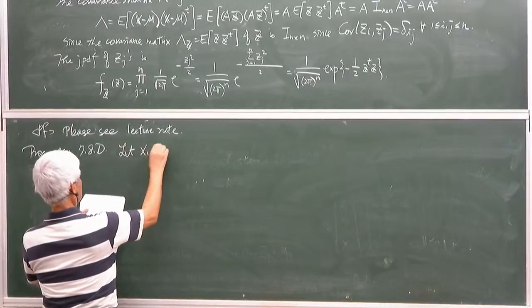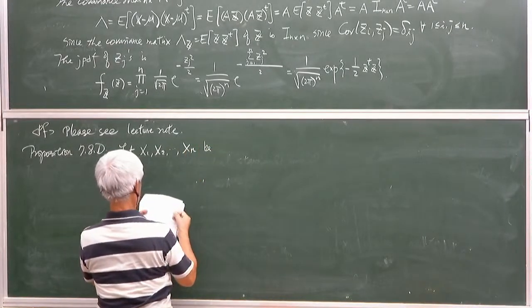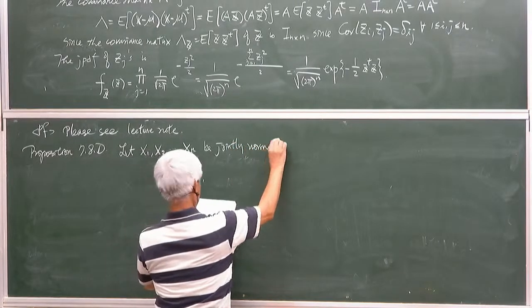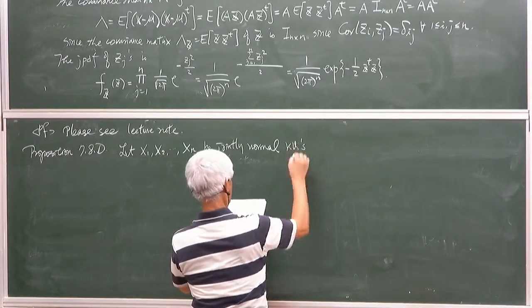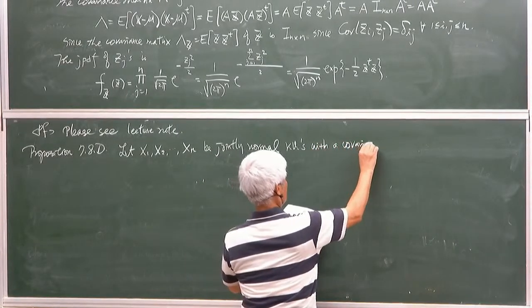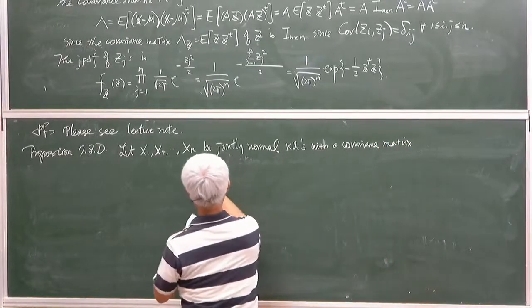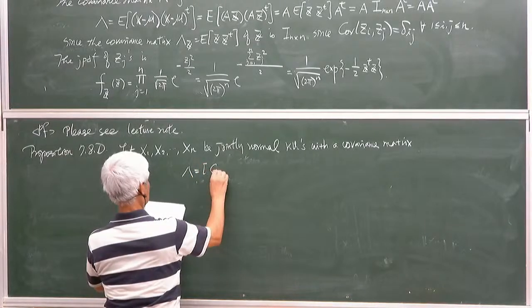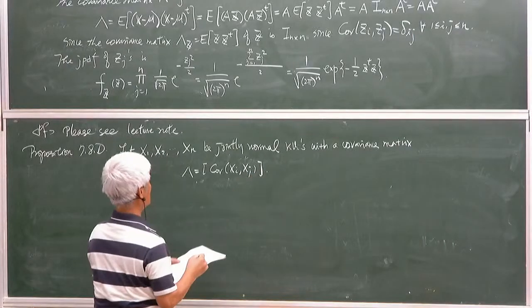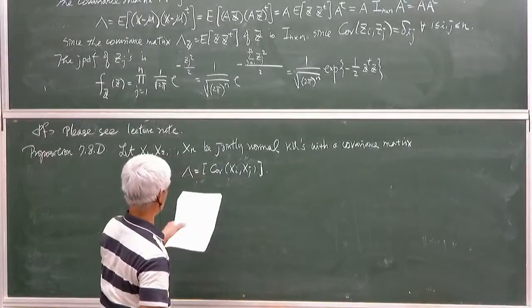So let x1, x2 up to xn be jointly normal random variables with a covariance matrix lambda as given here.